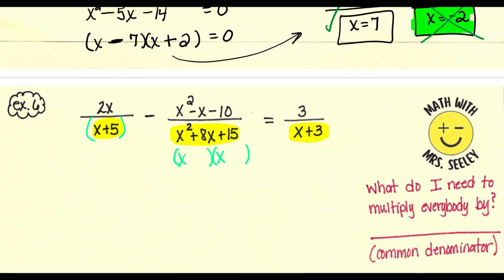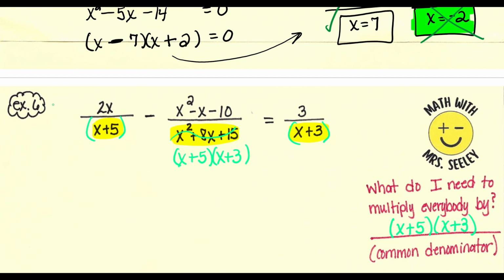Here, when this trinomial factors, we have x plus 5 and x plus 3, because 5 times 3 multiplies to get 15, but 5 plus 3 adds to get 8. So swoosh through that, and we have an x plus 3. So we need x plus 5 and x plus 3. That's the denominator that will accommodate or handle all of those other denominators.